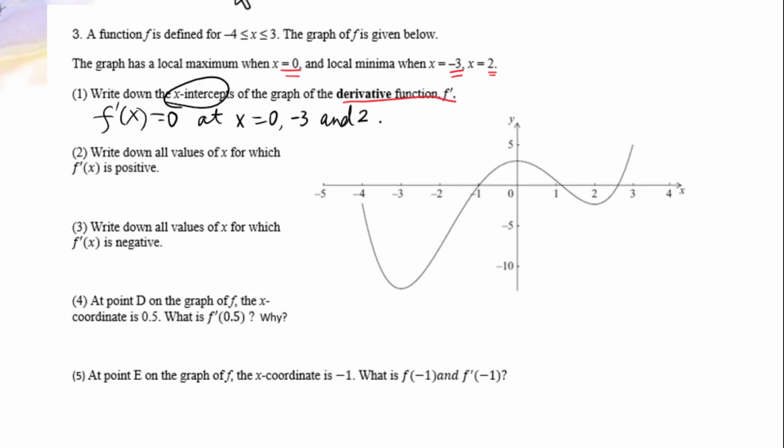Write down all values of x for which f prime of x is positive. f prime of x is positive means f of x is an increasing function.